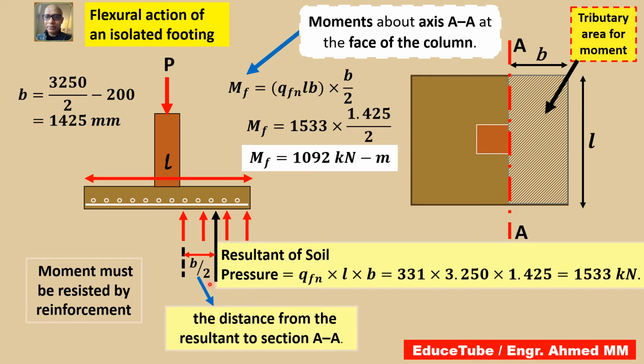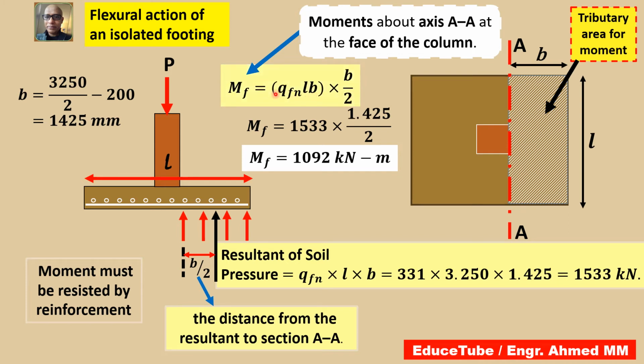It acts exactly in the center of this width, which is why B by 2 is shown as the distance from the resultant to section AA. To get the moment, this value is multiplied by this distance, so it is QFN L B into B by 2.